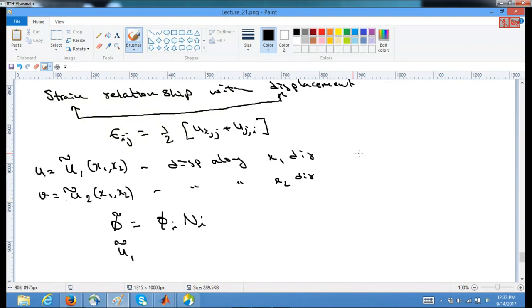So let us do it in terms of u as a function of x and y, and this as v as a function of x and y. So that would be a better choice of notations. So our u tilde can be written as ui Ni, and v tilde is written as vi Ni.